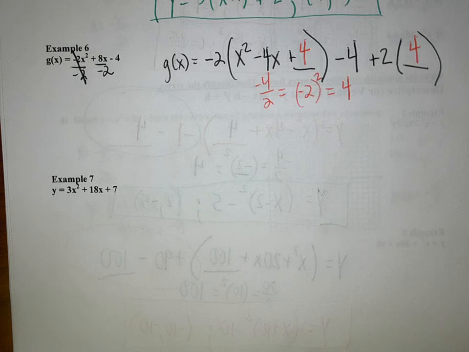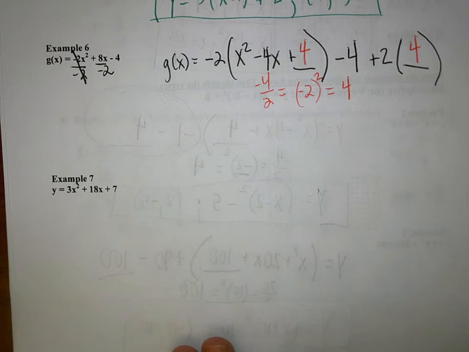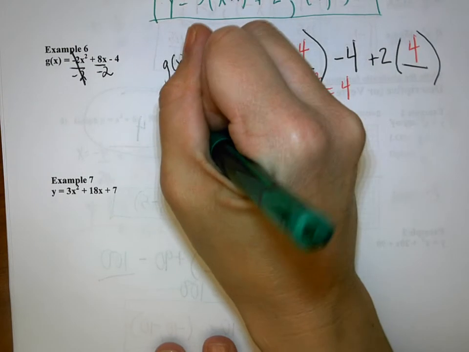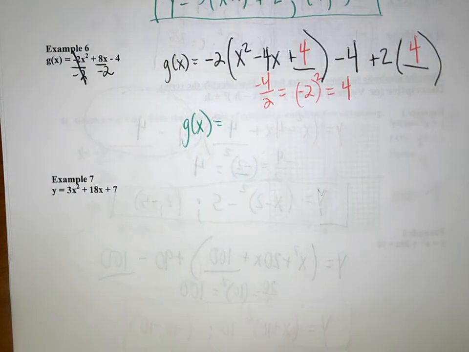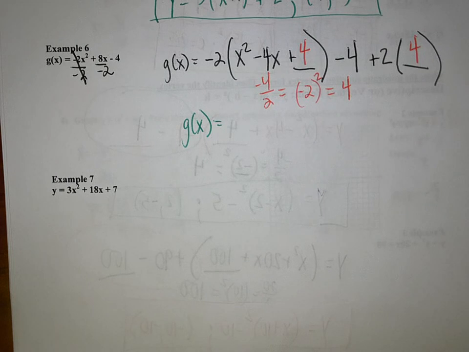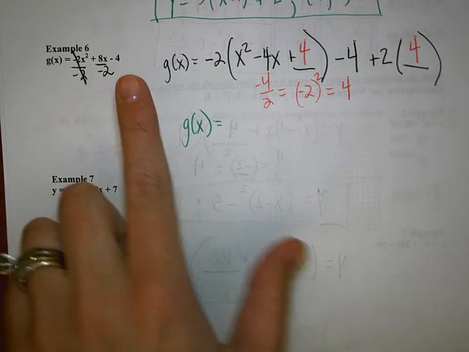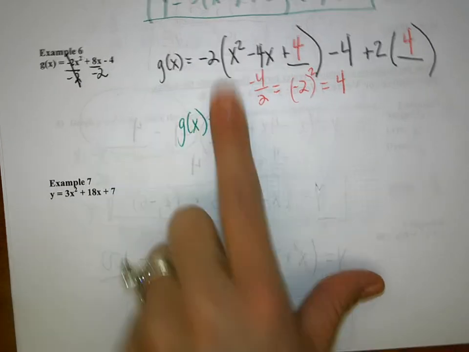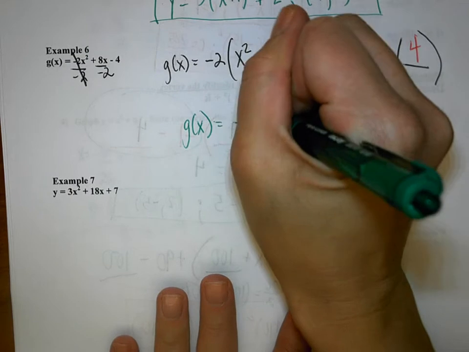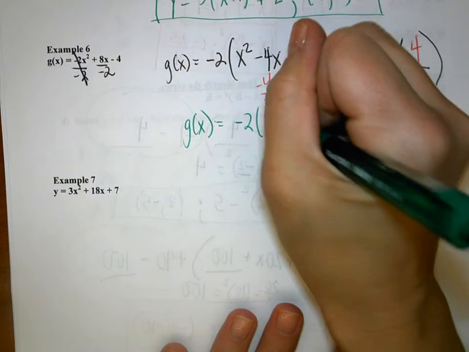Okay, next step, what am I going to do? Roel. You would put it in the form, okay, g of x equals, x minus 2 squared. What should go in front though? -2. Good. So we have -2 parenthesis, and then you said x minus 2 squared.